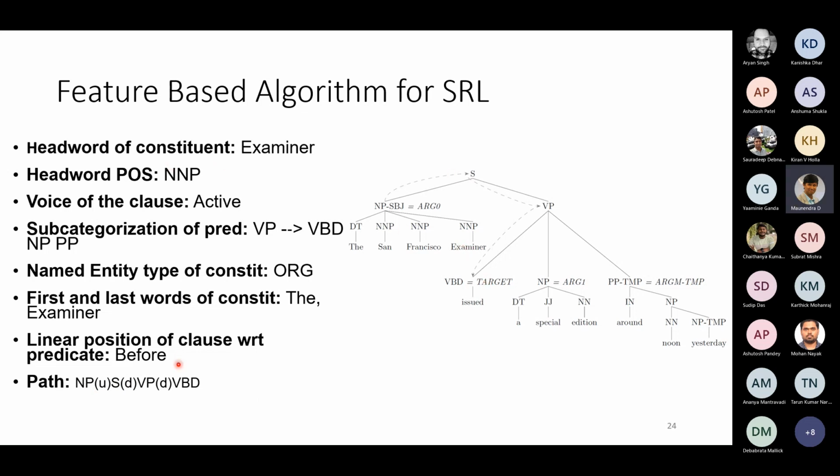Now these things can be appropriately vectorized, given as input, and then the target could be the role that has been assigned in the data set. Once we have everything in this format, one can use some kind of classification algorithm, or come up with one's own classification algorithm, with these sets of features.